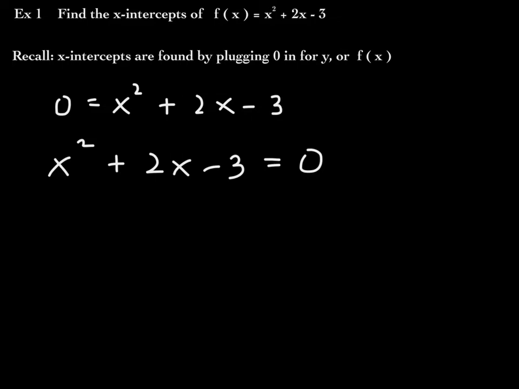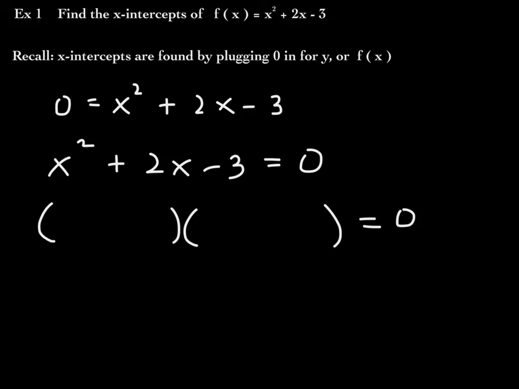To factor means to rewrite the sum of these three terms here as a product of factors. So if it factors, it's going to have to factor like this, as a product of two binomial factors, as a product of two-term polynomials.